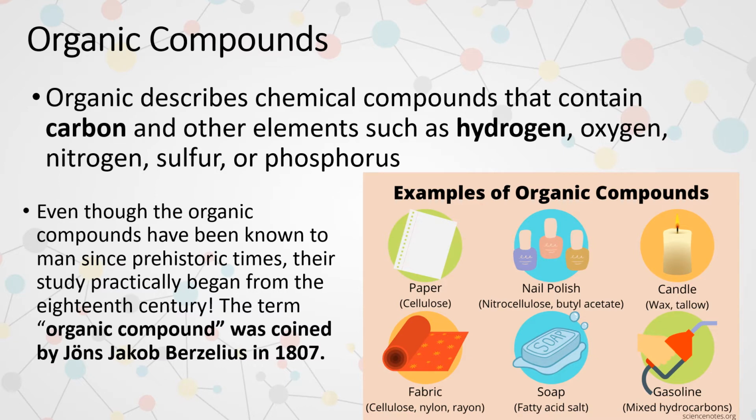The term organic compound was coined by Johannes Jacob Berzelius in 1807. So these are the things that surround us that we use that are mostly composed of organic compounds.